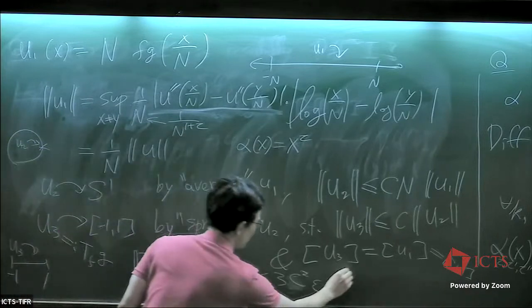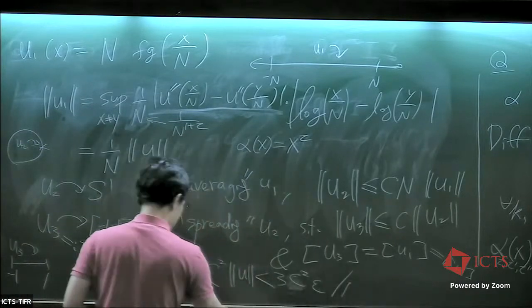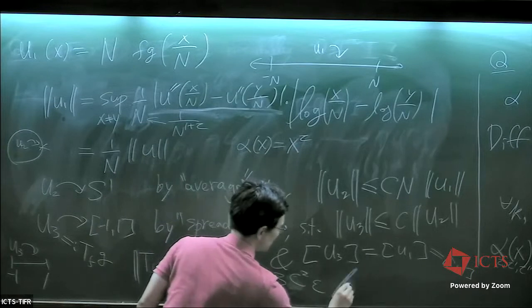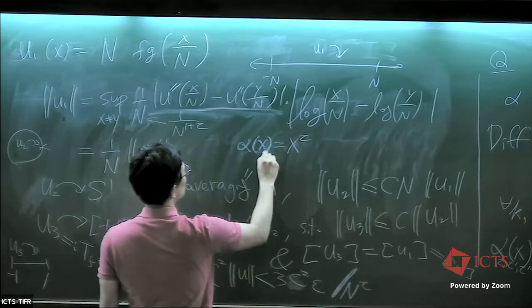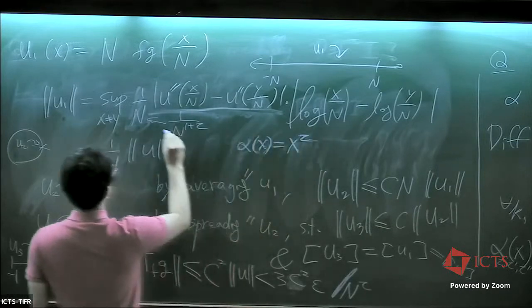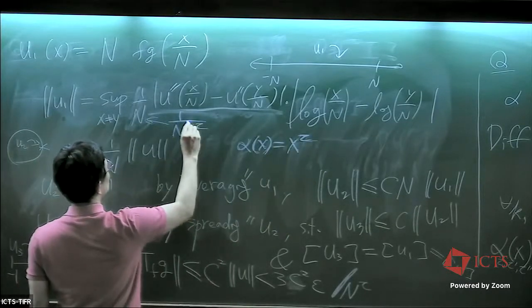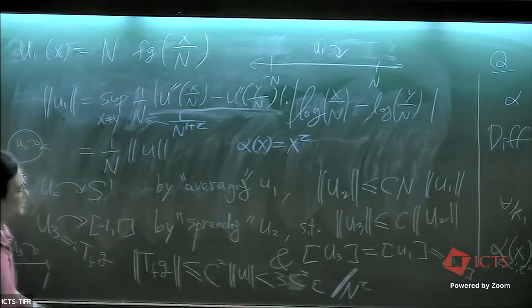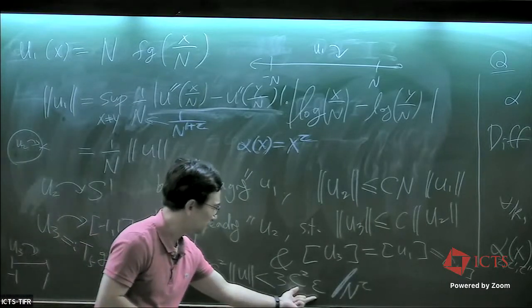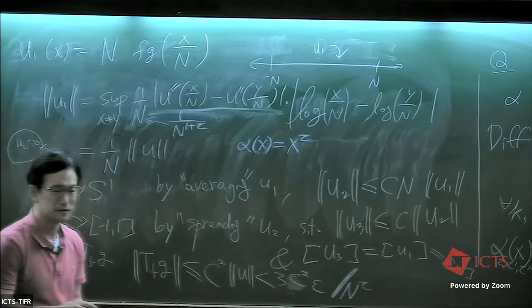So I should use a different color because this is a different situation. If alpha x were Hölder continuous, then you would see 1 over n plus 1 plus tau. And in this averaging spreading process, the order of the increase is the same, still a constant times linear. Therefore, you will be able to make the final thing less than epsilon.